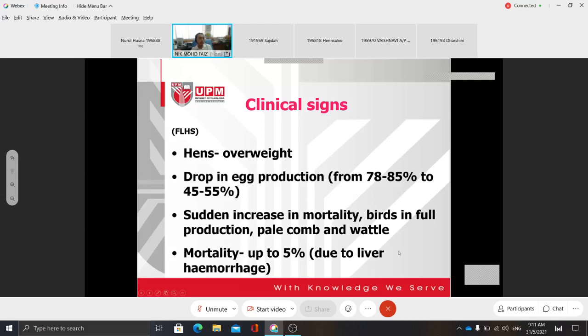Usually you don't see so much mortality; it is more of an egg production issue. But 5% mortality in layers is actually a big loss because layers are long-lived birds. You have kept them for 20, 30, 40 weeks, and it costs a lot to reach that age: all the feeds, vaccines and everything. So even 5% mortality is a loss to the company.